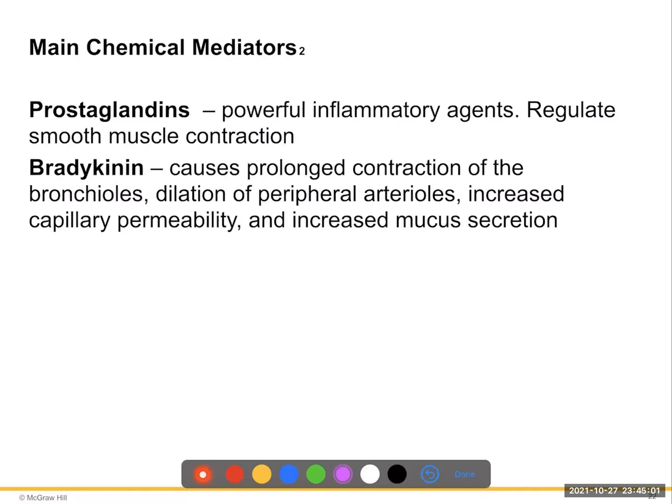That's how aspirin, Tylenol, they affect the prostaglandins, okay? And they shut down the inflammatory response; they're used for pain medications. Bradykinin causes prolonged contraction of the bronchioles, okay? Dilation of peripheral arterioles, increased capillary permeability, and increase in mucus secretion.